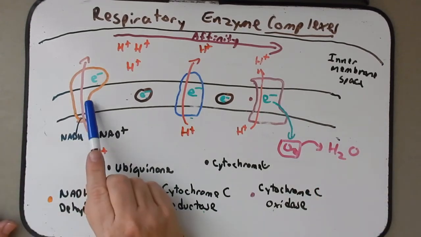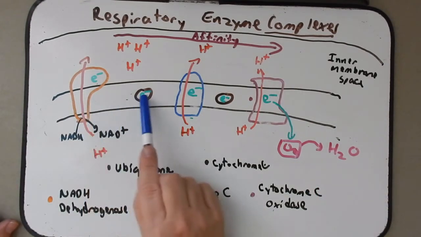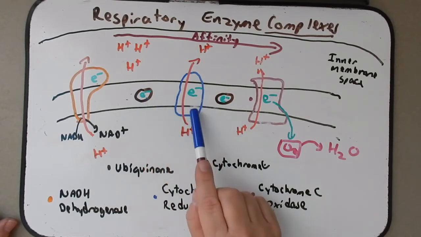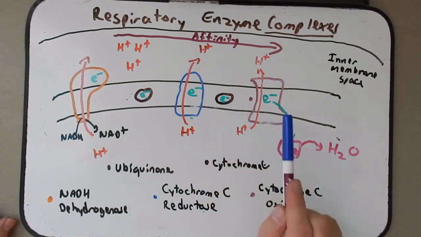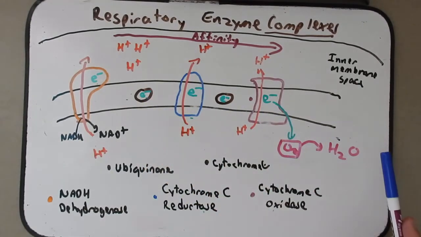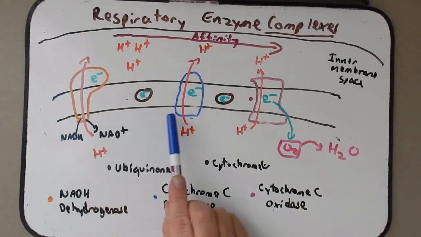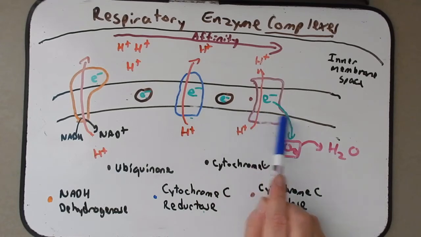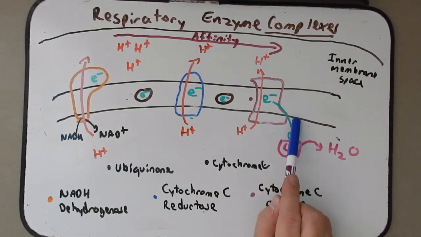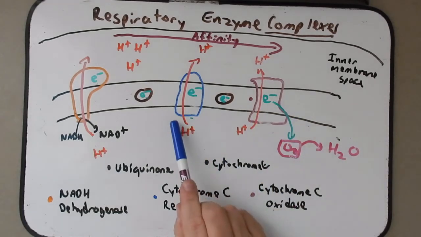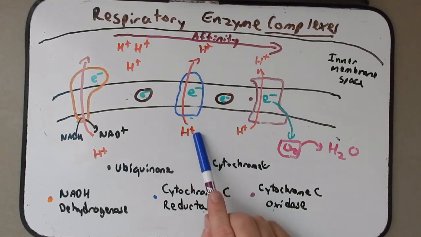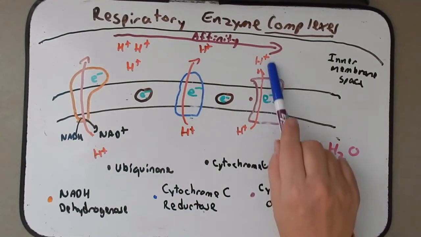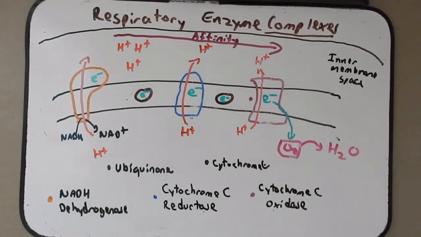And we have this nice gradient going from NADH dehydrogenase to ubiquinone, cytochrome C reductase, to cytochrome C oxidase, then to oxygen. Each has an increasingly higher affinity for electrons, allowing the electrons to move to ultimately get to water, but also to allow for the movement of protons to the inner membrane space.